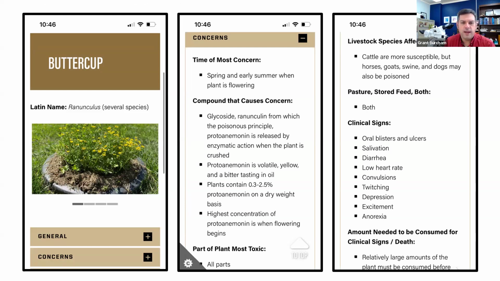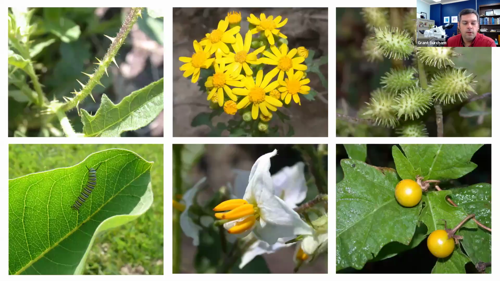It talks about which species are affected, whether it's pasture, stored feed, or both, and the clinical signs that you see. And then, if known, sometimes we don't really know this, the amount that needs to be consumed for clinical signs or death to occur. So you'll know, is this really poisonous? Is it only poisonous if they eat a lot of it, for instance?